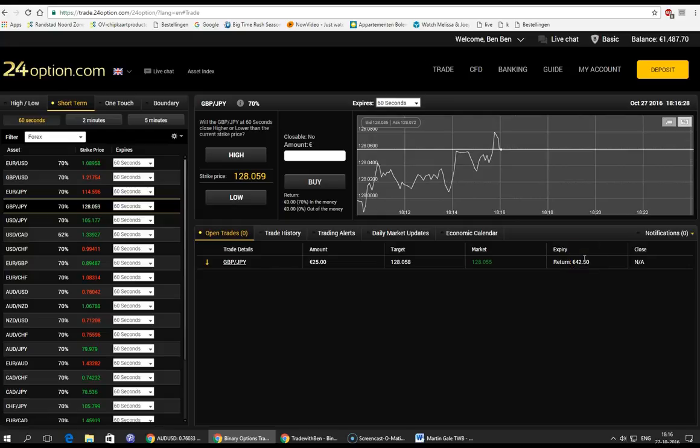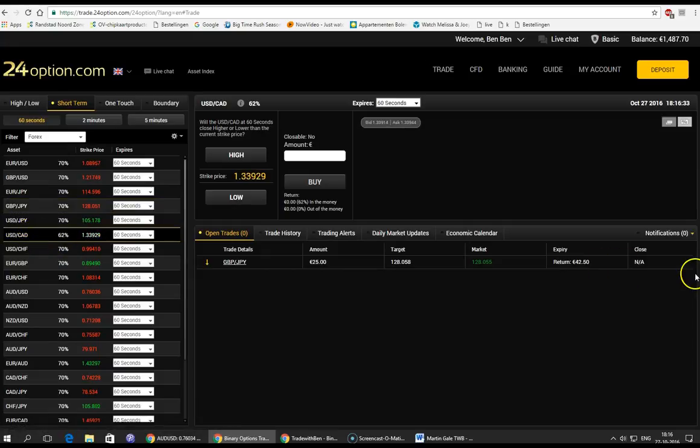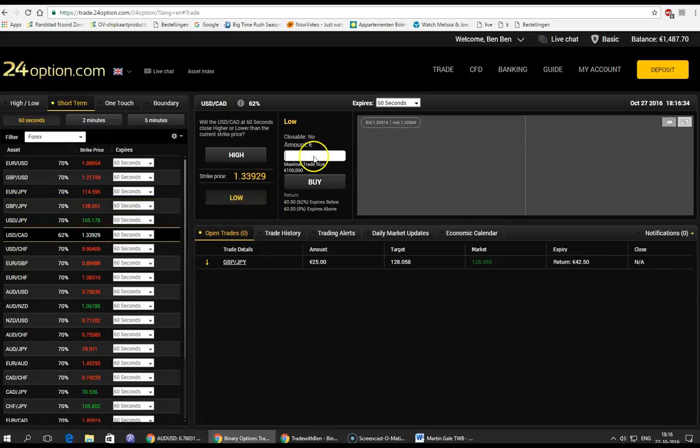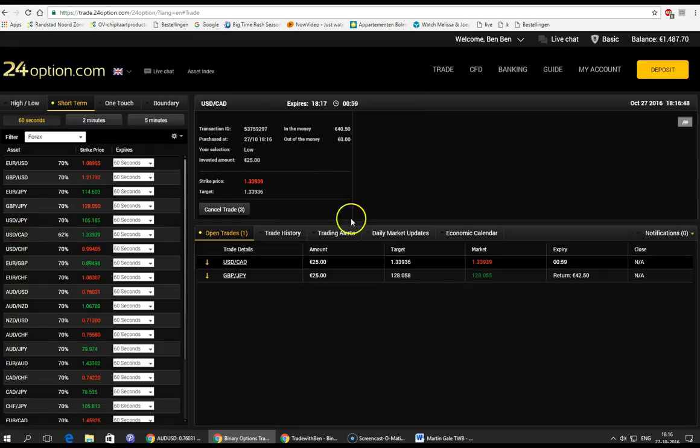Okay, so the US dollar, Canadian dollar is also breaking its resistance level. And let's see what is up. So I'm going to place the trade right now, because it's at a good level.